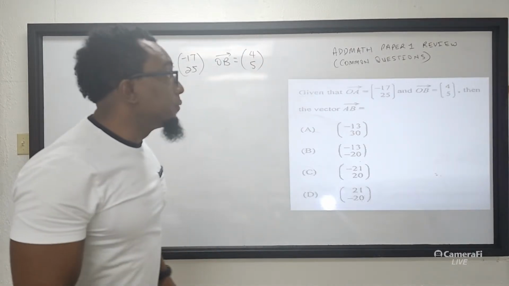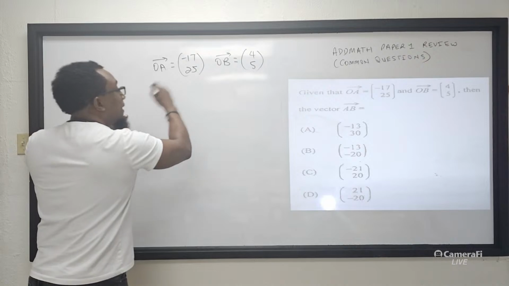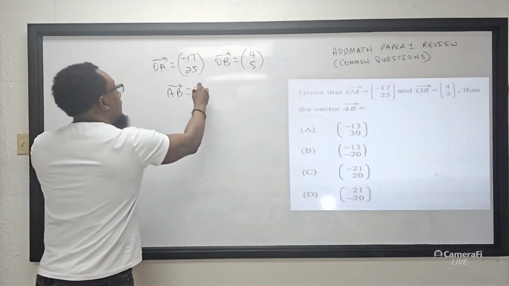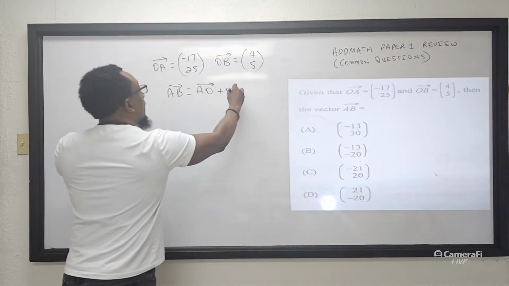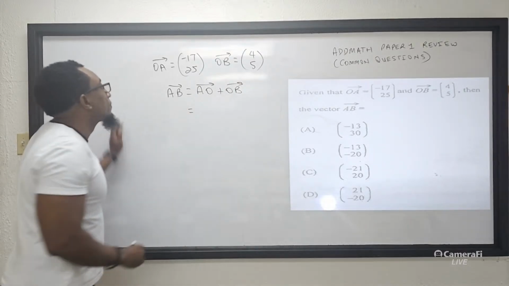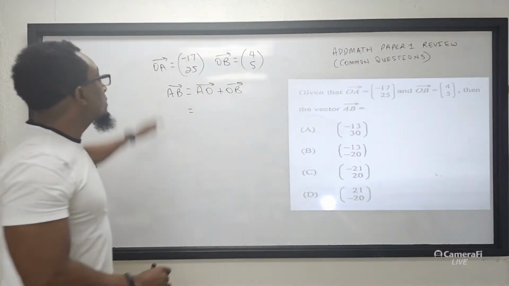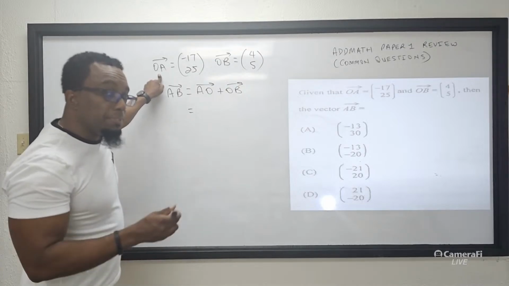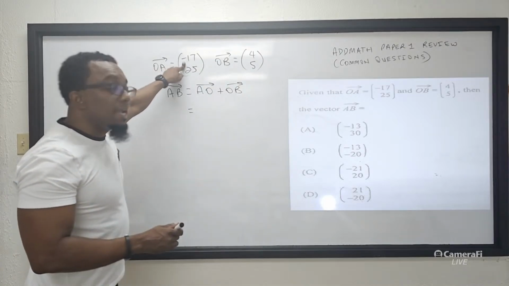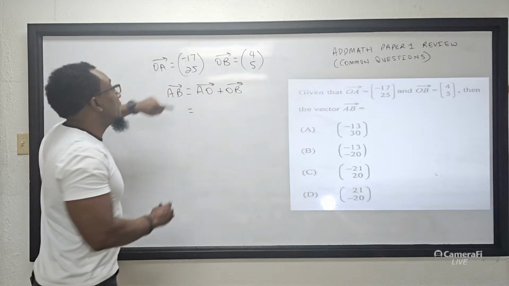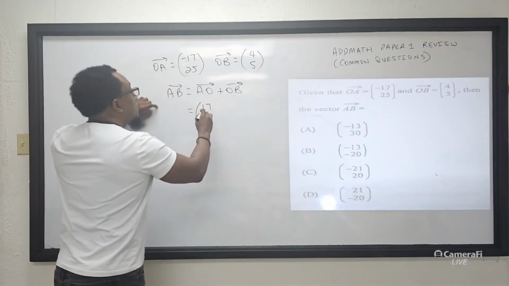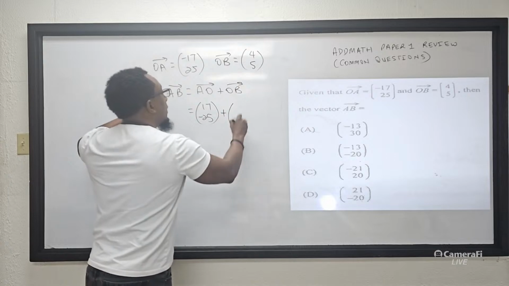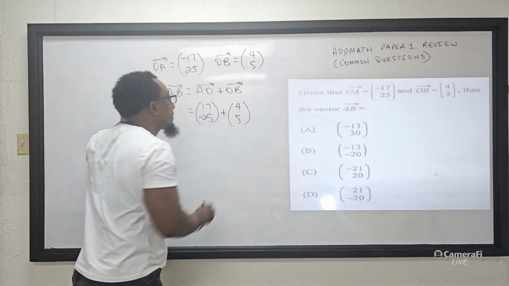You know vector AB using your equation based on the triangle law. Vector AB will be vector AO plus vector OB. Vector AO, this is vector OA, so vector AO means you move in the opposite direction and the signs will change. So vector AO will be (17, -25) plus vector OB (4, 5).